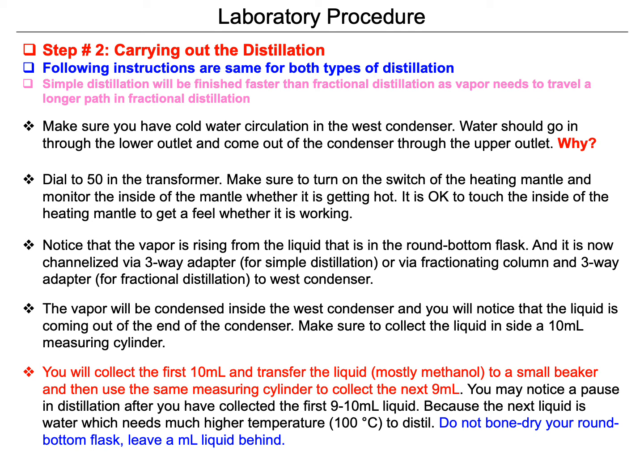Dial the transformer to 50, and then use the small beaker for storing the first liquid, and then use the graduated cylinder to store the second liquid that you obtain, which is water.